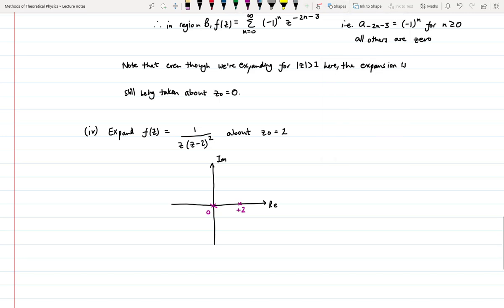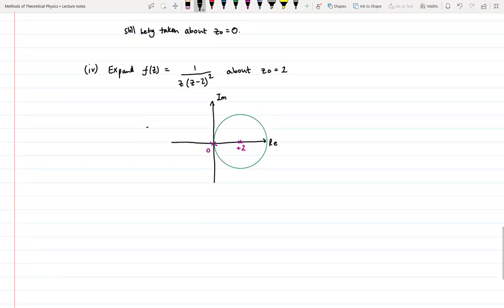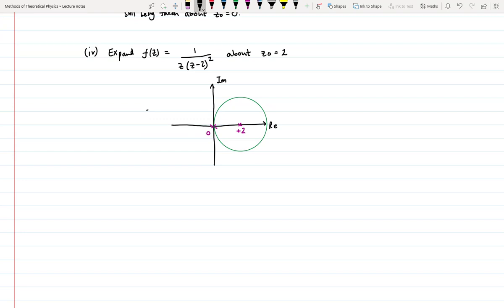Once again, I'll draw a circle, this time centered on the expansion point at plus 2. Now, how do we approach this? Well, we want to do an expansion about the point z0 equals 2.